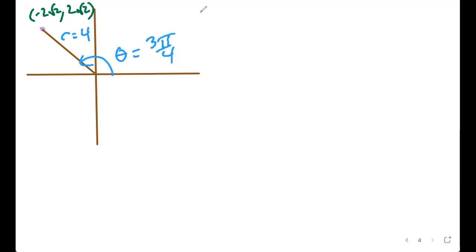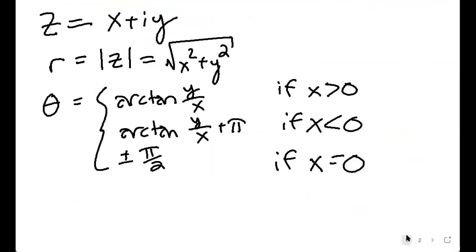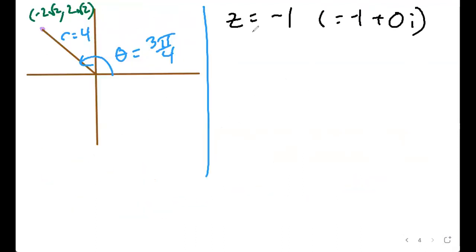Let me do a couple other quick hits here. Let's say z is equal to -1, so that's -1 plus 0 times i. What happens in this case? We need to compute theta as arctangent of y over x. First off, r is the modulus of z, which just ends up being 1.